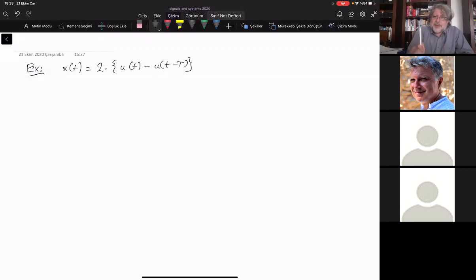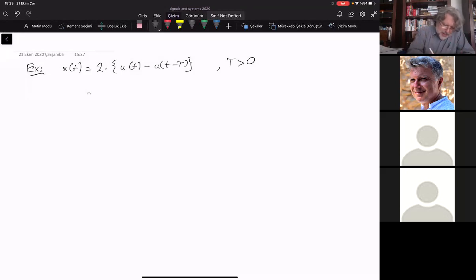The thing is, will you be able to understand how it looks like? u of t is a unit step starting from 0, and u of t minus capital T is a unit step starting at capital T. I'm assuming that capital T is positive, okay? So I subtract the second, which starts later, from the previous one, and what is remaining is the interval in between.